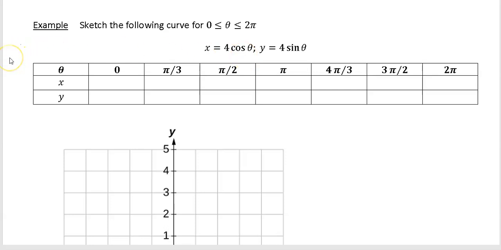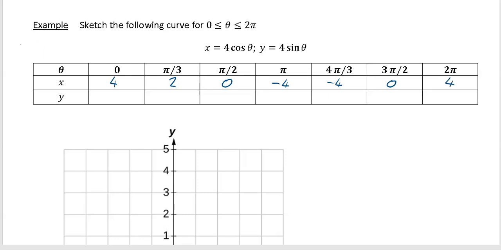So you should be able to do that. 4 times cos of 0 is just going to be 4. 4 times cos of pi over 3 is going to work out to be 2. 4 times cos of pi over 2 is going to be 0. 4 times cos of pi is going to be minus 4. And 4 times cos of 4 pi over 3 is going to be minus 4. 4 times cos of 3 pi over 2 is going to be 0. And 4 times cos of 2 pi is going to be 4.